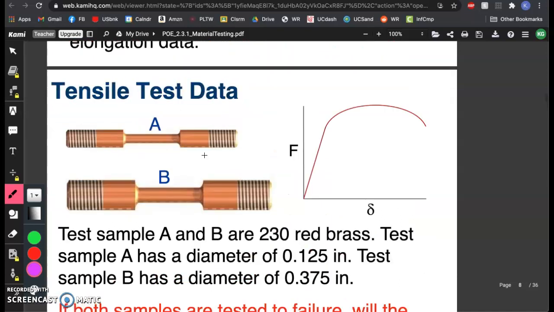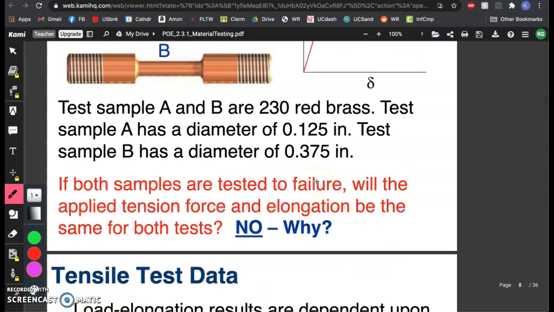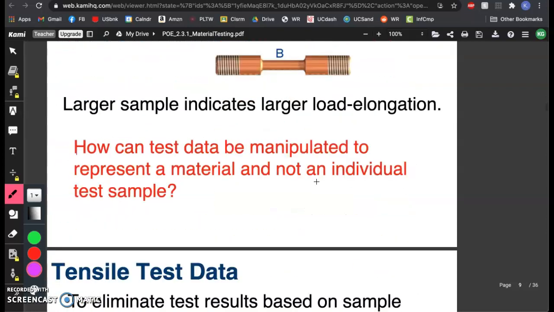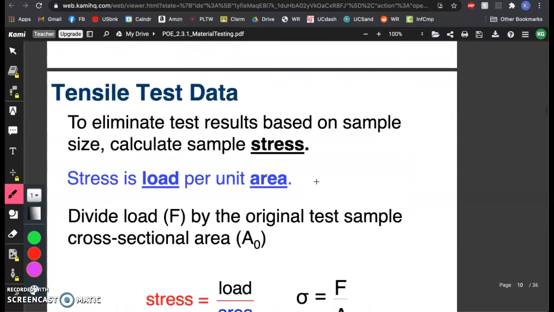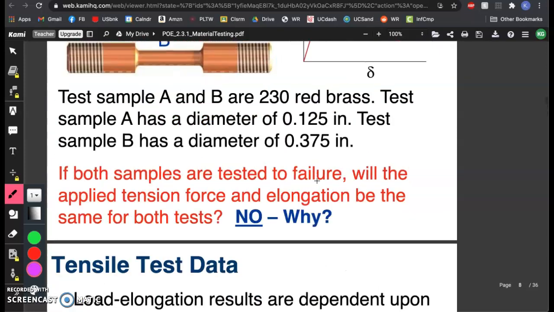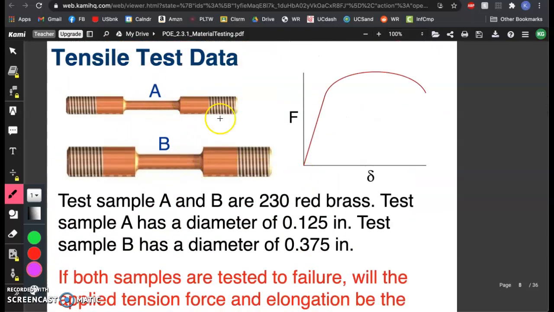But one thing to know is, if you have two different sizes, then their force graphs are different. So it's kind of weird, but basically, because we don't want to compare, like this would take a lot more force to break than that, but if they're made of the same material, they should have a very similar graph.